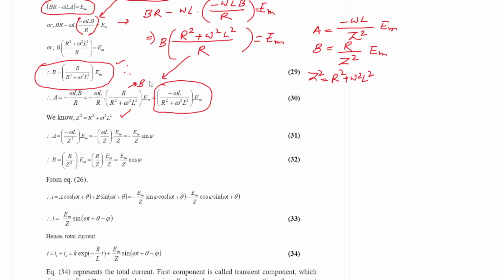So from A by Z square into Em, let us write the equation just like that. Minus omega L by Z, this is one term, and we have Em by Z, another term.